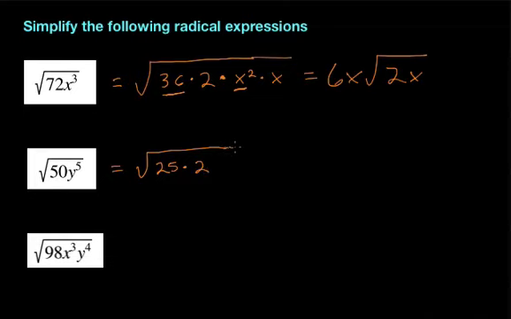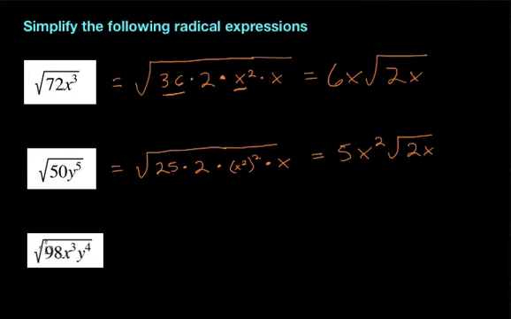And y to the fifth is just going to be y squared squared, which is just y to the fourth, times y. And that's going to leave us with the square root of 25 is 5. The square root of y squared squared is just y squared. And that leaves us with 2y under the radical sign.